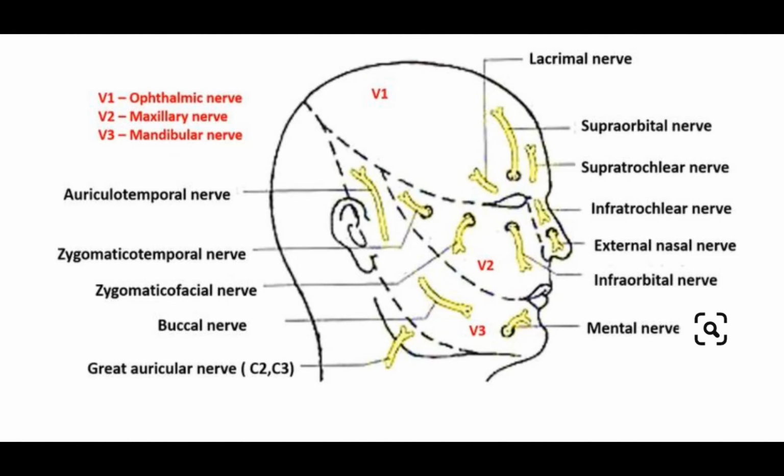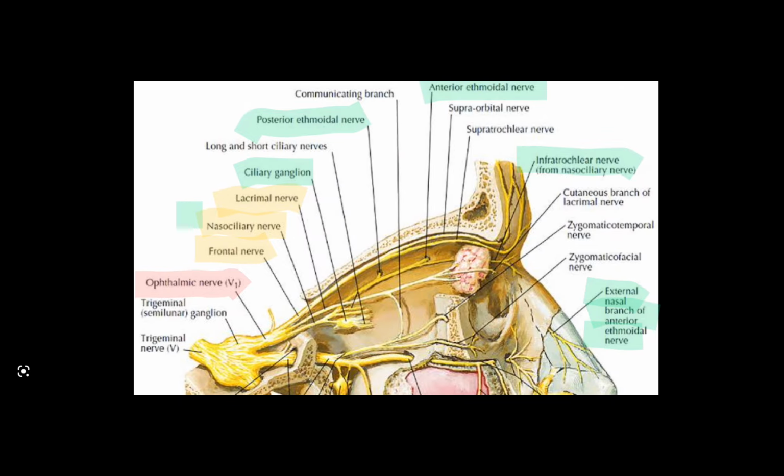The ophthalmic nerve has three main branches: frontal, nasociliary and lacrimal. From the frontal nerve we have the branches supraorbital and supratrochlear.